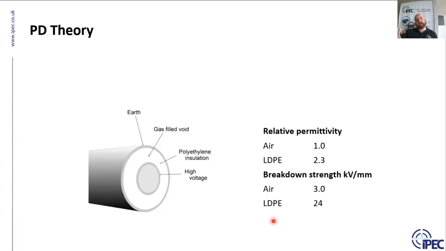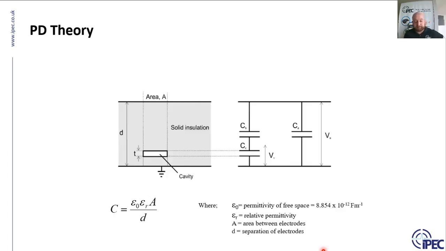Okay, so the next few slides go through the mathematical side of PD and why they occur. I'm not going to go into too much detail, but I will highlight the main impact. If we take our ideal case, which is a solid piece of insulation with a perfect defect inside that insulation, why a PD occurs is not because there is, say, a gas-filled void.